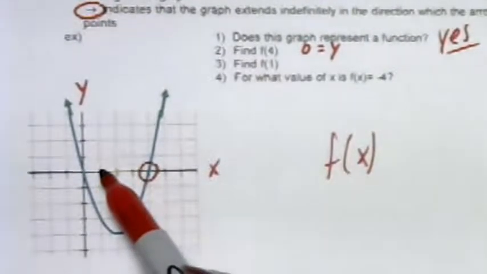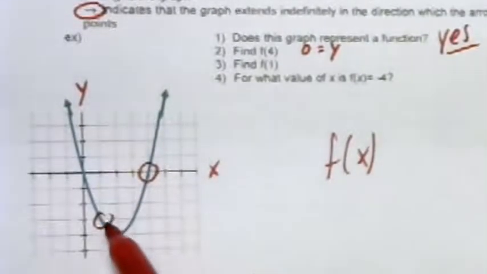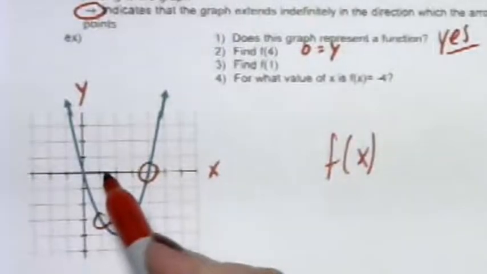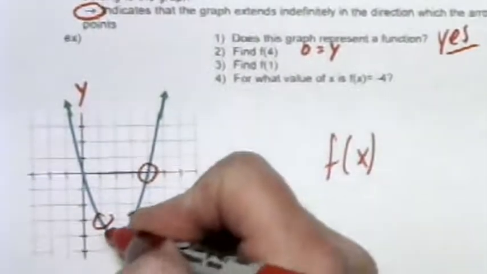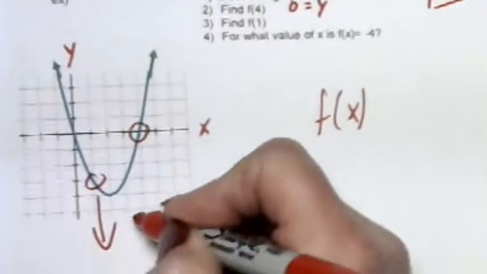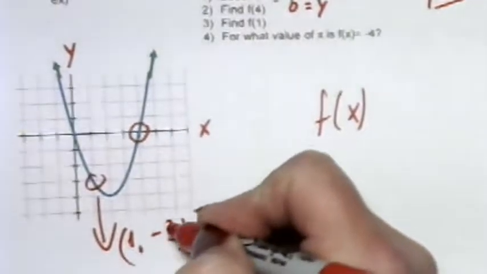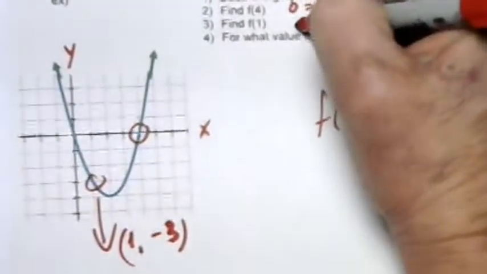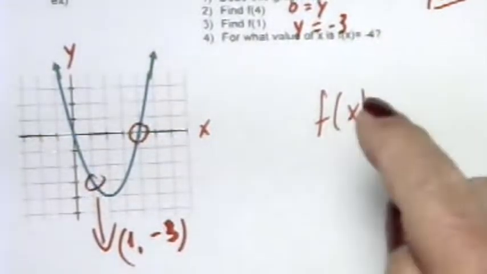In this case, we have to go down here, and there is our point when x is 1. When x is 1, y is -3. So at this point here, we have (1, -3). So our y is equal to -3.